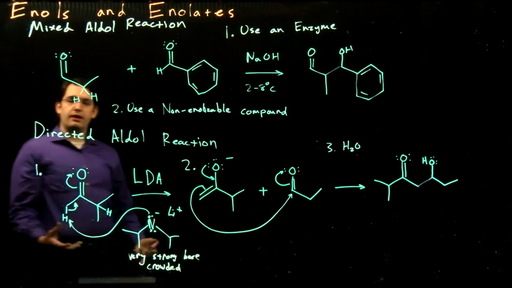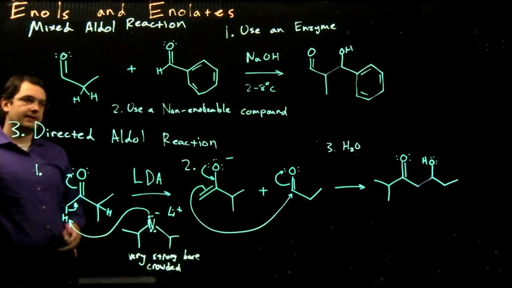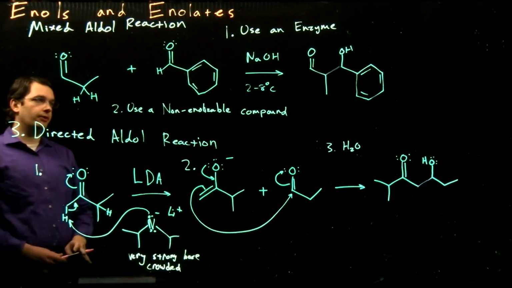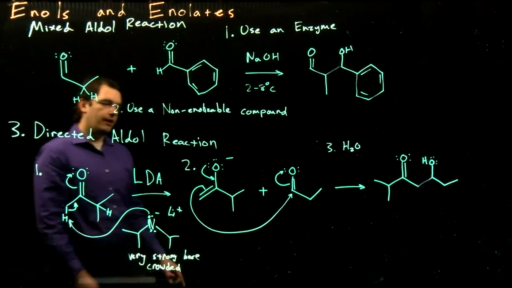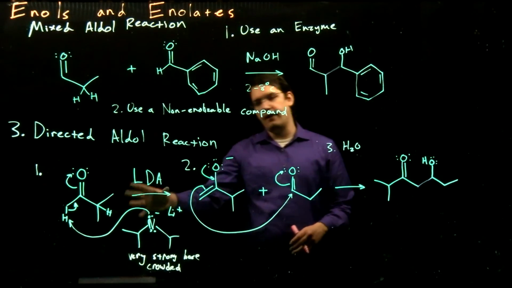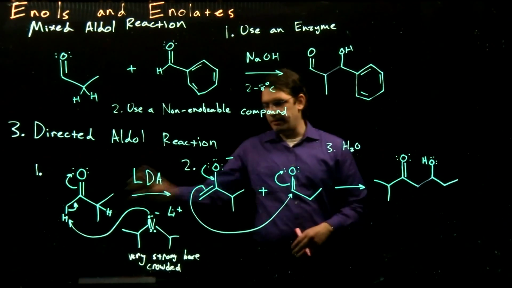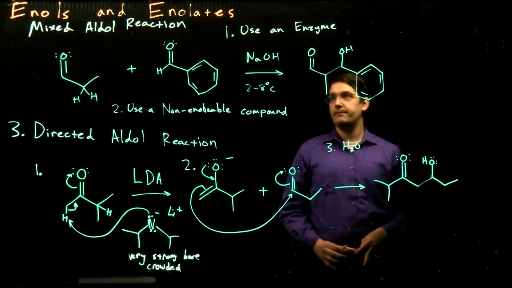We can essentially look at this directed aldol reaction as a third means to control our mixed aldol reactions. Right? So we are still doing a mixed reaction, right? We're using 2 different carbonyls. It's just that, again, we're using that very strong base to make our enolate first and then add it to our carbonyl afterwards.